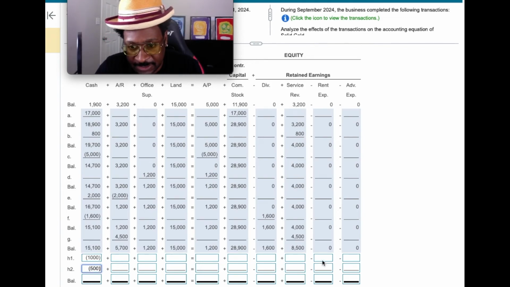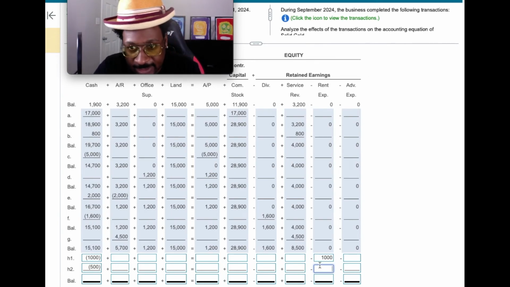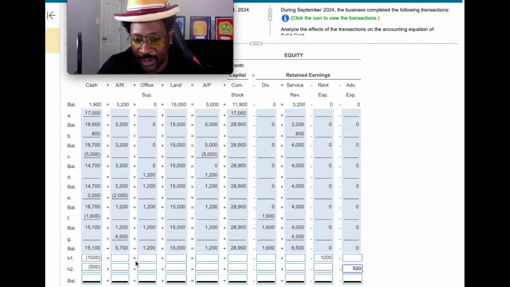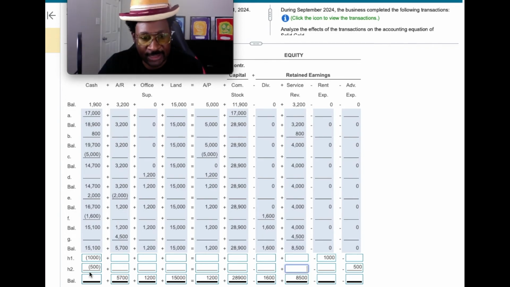Our rent expense went up by $1,000, as well as our advertising expense of $500. Now we've completed the transaction analysis for this particular situation. We can calculate our new balances. We're going to go ahead and update all the unadjusted balance accounts. Then we're going to calculate the new balances for those accounts that were affected.